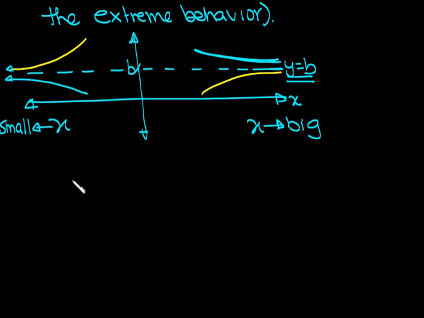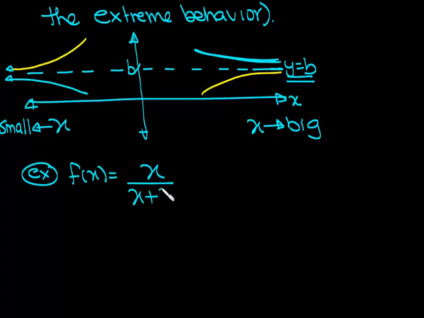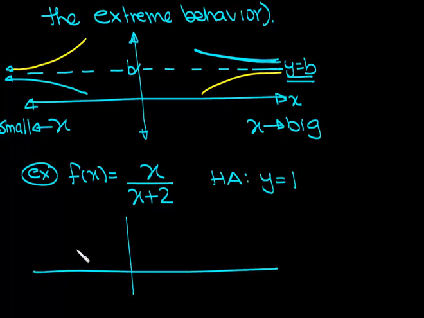So I'll give you an example. Let's say I have f of x is equal to x over x plus 2. Now I'll tell you the horizontal asymptote for this graph is y is equal to 1. So this is 1 here.